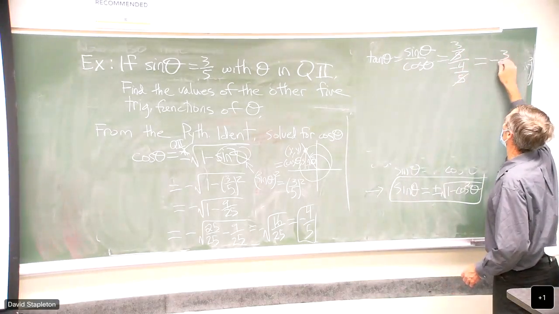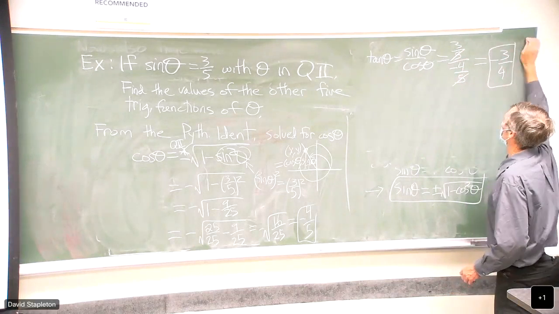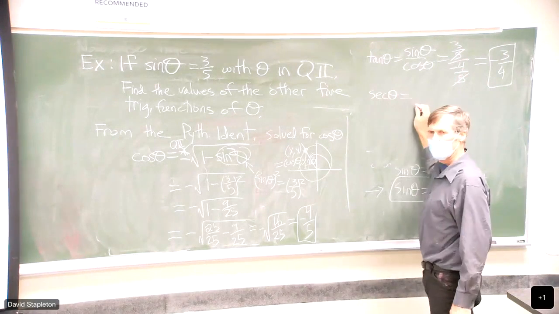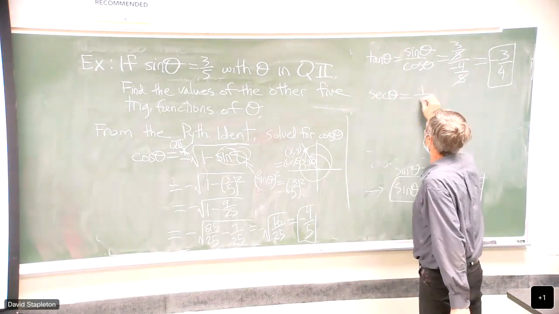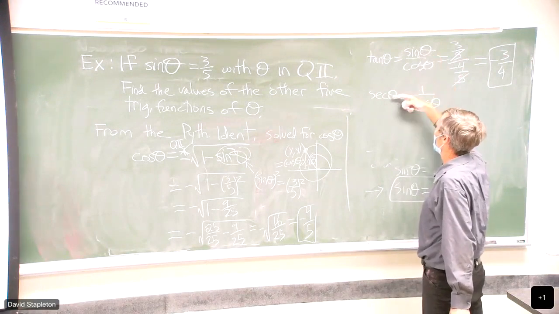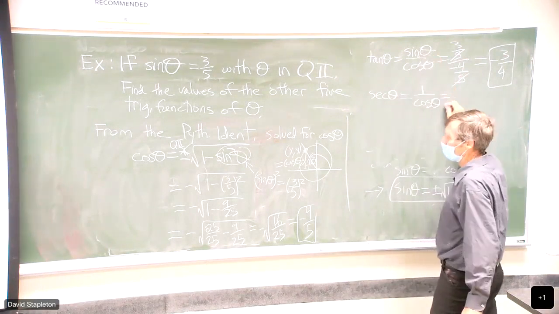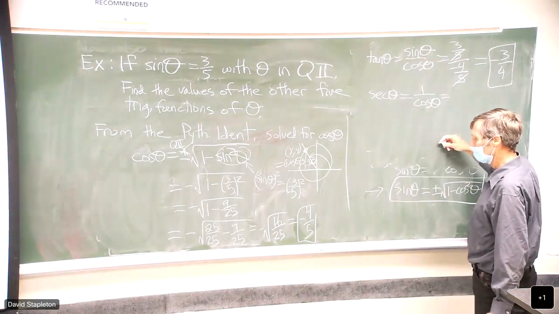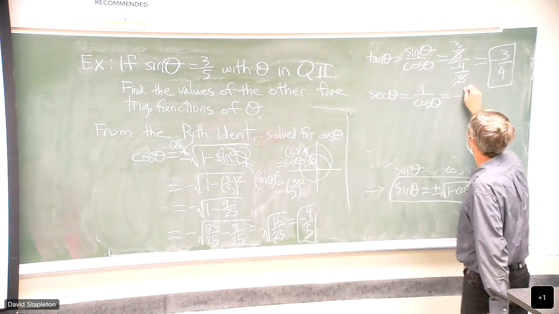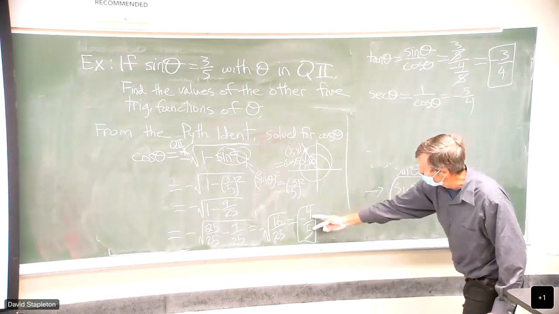I get minus 3/4. There it is immediately. Easy. What's the secant? The reciprocal identity is 1 over the cosine, right? By the quotient identity, tangent is sine over cosine. By the reciprocal identity, secant is 1 over the cosine. Just turn this one upside down: minus 5/4. That's how you take 1 over, you just turn the fraction upside down.